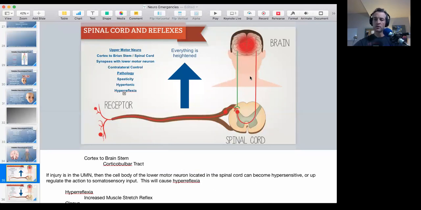So don't worry about what you see here, but just pay attention to what you see over here. With the upper motor neuron, everything is heightened, and here's an explanation of where these upper motor neuron fibers originate from, where they are innervating the spinal cord, and where they synapse.